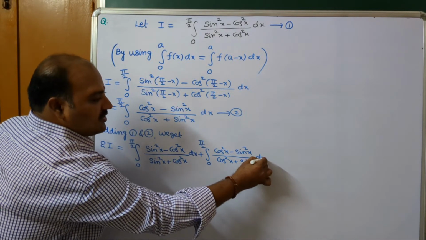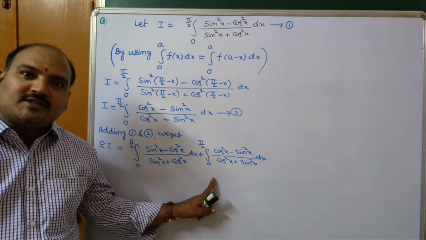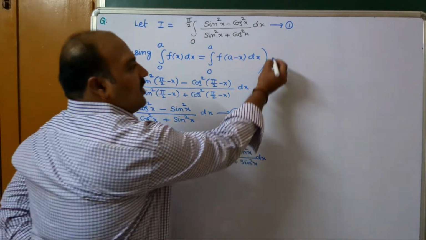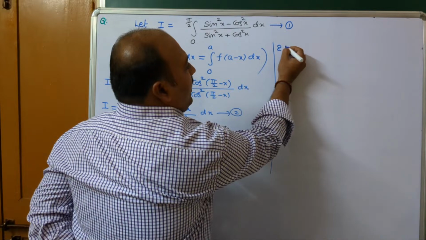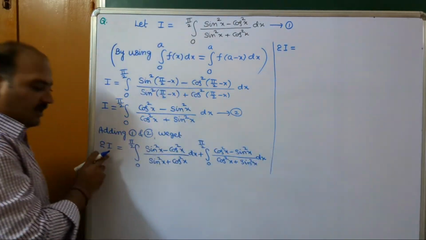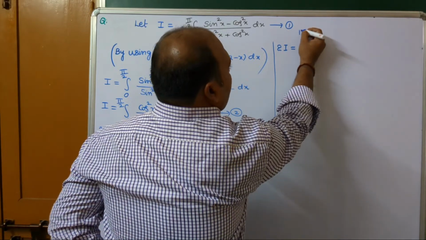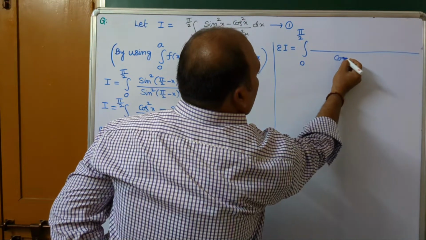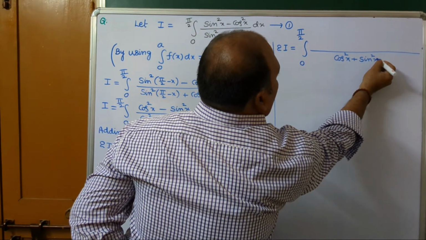After this step, observe carefully: in both integrals the limits are the same, and the denominators are also the same. So whenever both limits and denominators are the same, you can write it as a single term. So I plus I, 2I, equal to integral 0 to pi by 2, denominator sin square x plus cos square x, and now you can add the numerators.